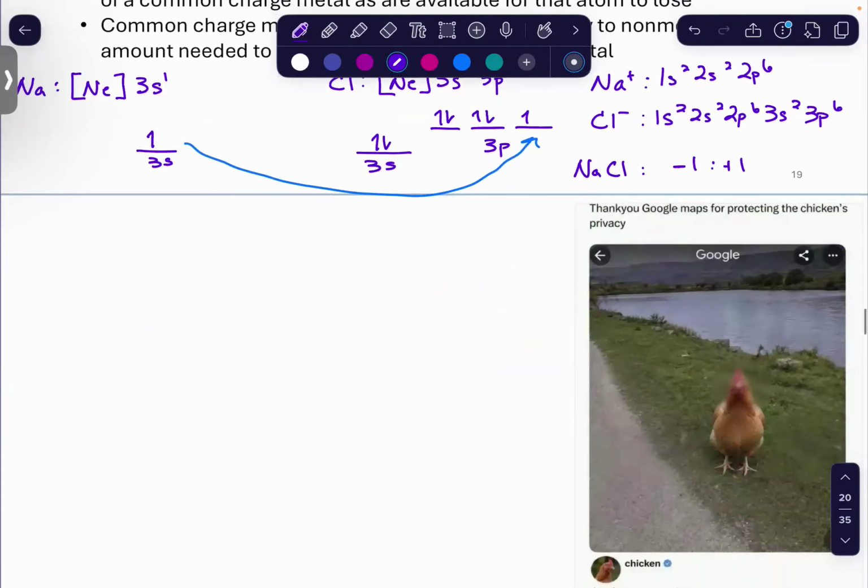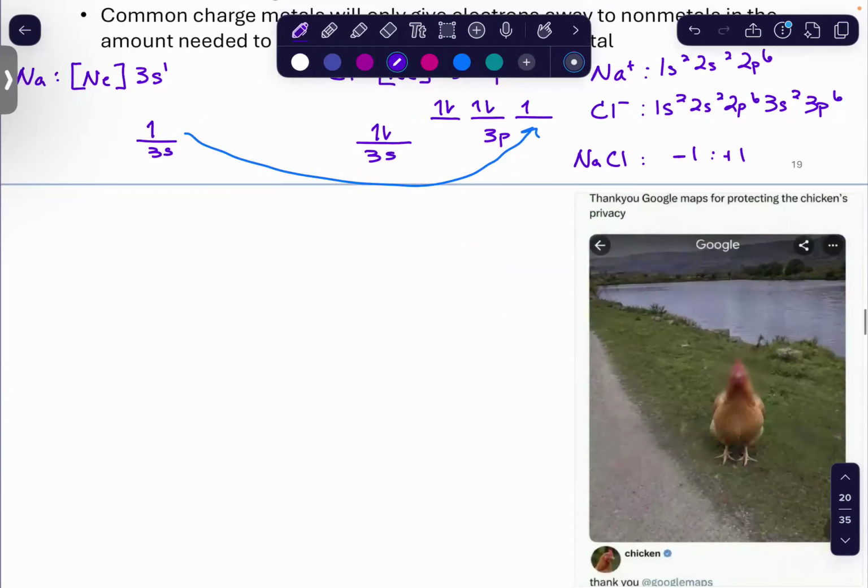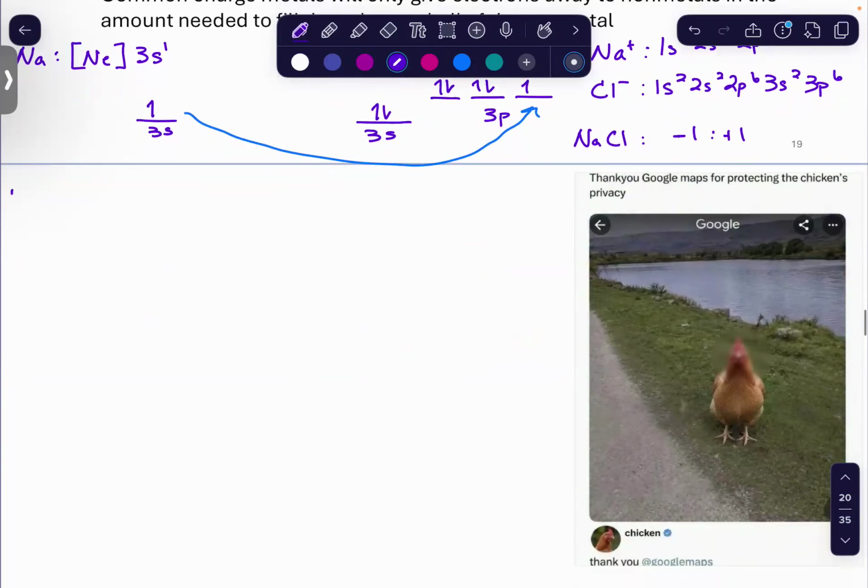Okay, what about if we look at magnesium bromide? I'm already showing you have your magnesium and your two bromides. Well, why is this the case?